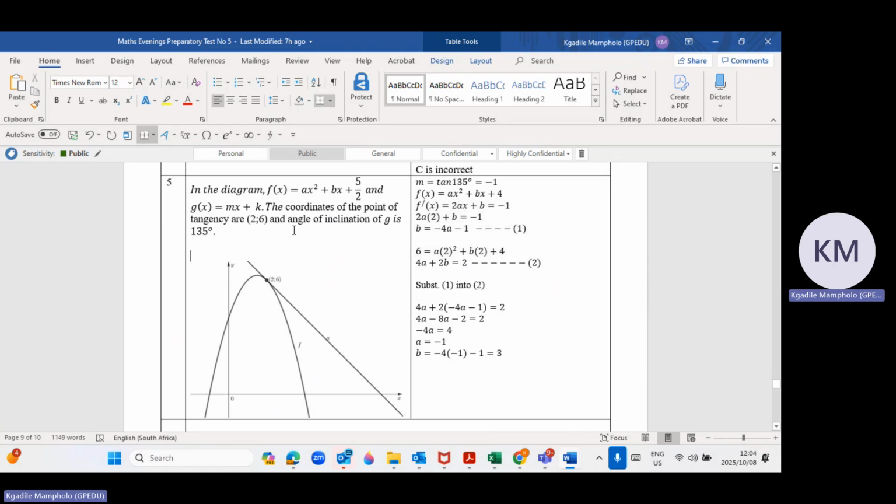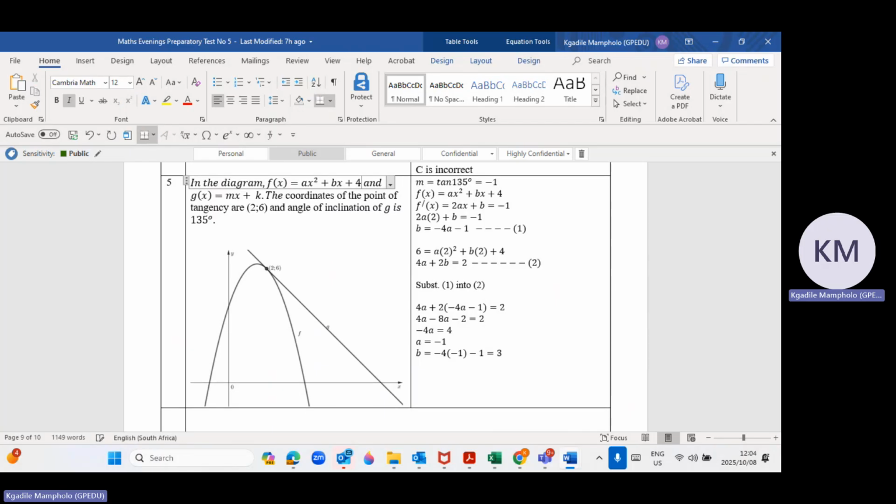Then you substitute the x value of the point of tangency to make equation 1. I think here it was supposed to be 4, not 5 over 2. I don't know whether it's 4. Now, if it's 4 here, then you substitute both the coordinates of the point of tangency here to get equation 2.